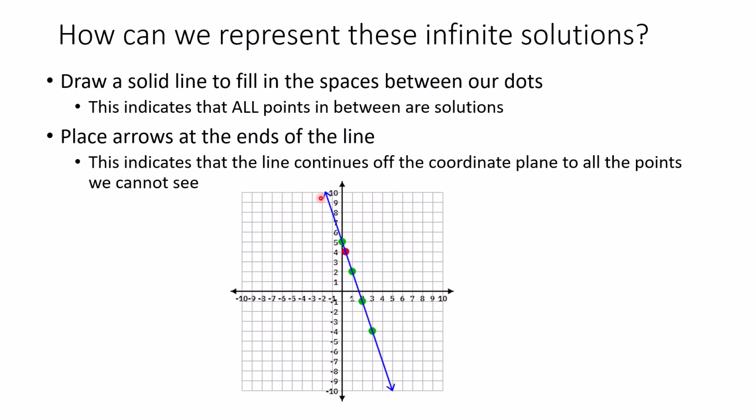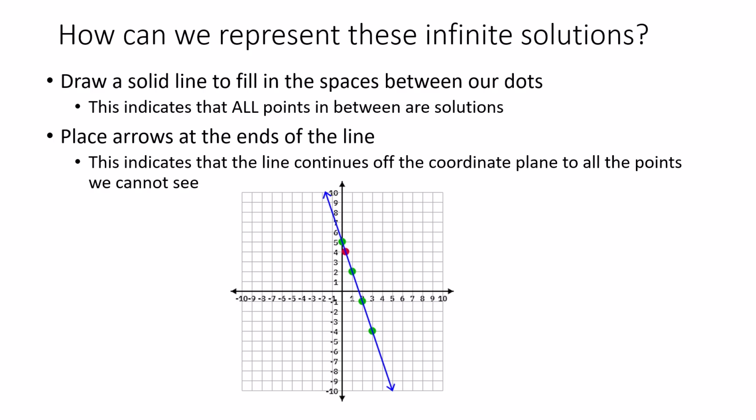The -2, 11 is right up there. The 100, -295 is way down off the edge of my screen here. So we color in the line. Any point on that line is a valid solution. And then we put those arrows at the end, and that signifies, hey, this line keeps going.